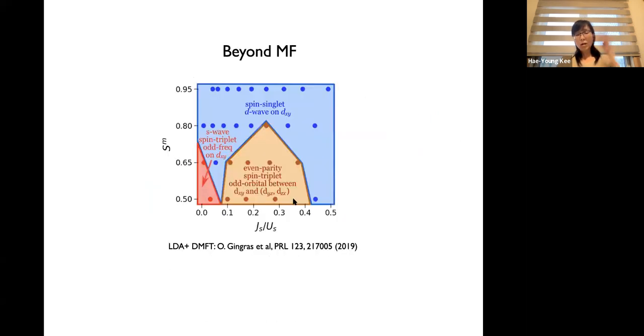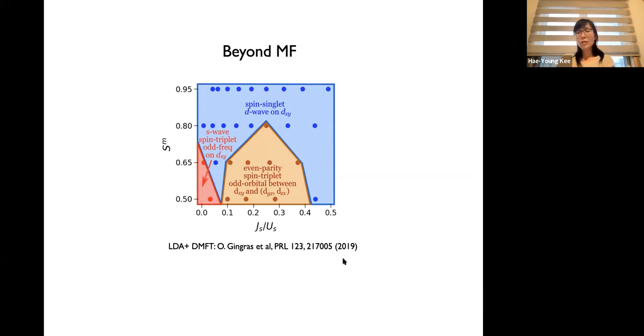Okay, good. So that was the mean field theory, and I just wanted to have two orbitals because going beyond is too complicated. The physics stays the same, except that the d vector direction is going to change as you change the momentum space because the orbital mixtures are going to change.